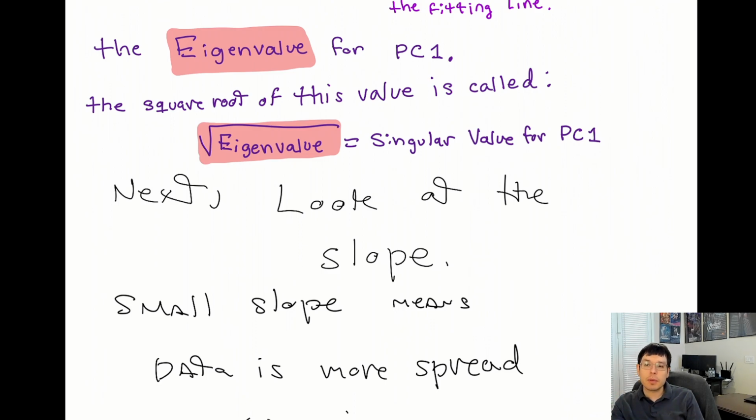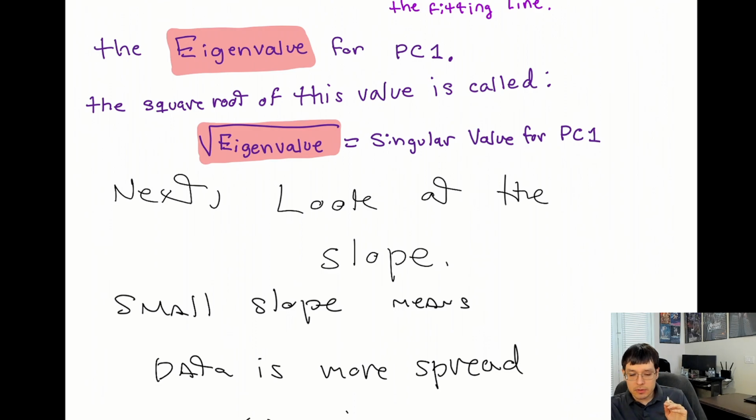That means 1 squared plus 2 squared, which is 5. 4 plus 1 is 5. So if you only have 2 points in your graph and those were the distances that you computed, then your eigenvalue would be 5. And if you take the square root of that, then we call that the singular value of PC1. So the square root of the eigenvalue is called the singular value. We'll come back to that at some point.